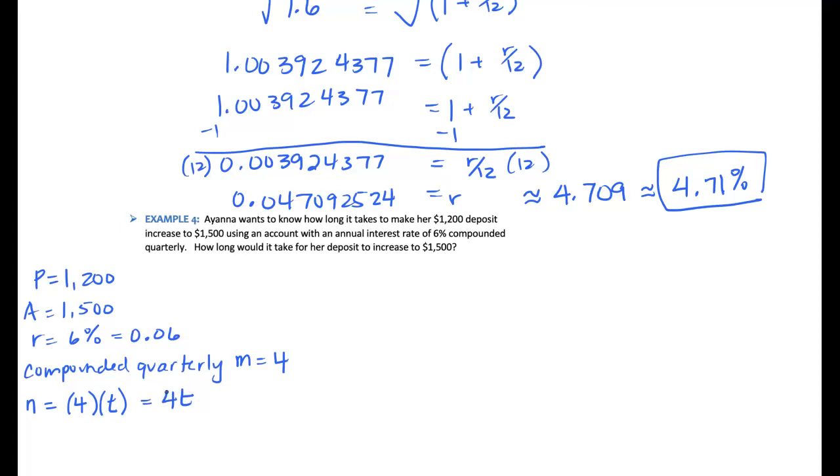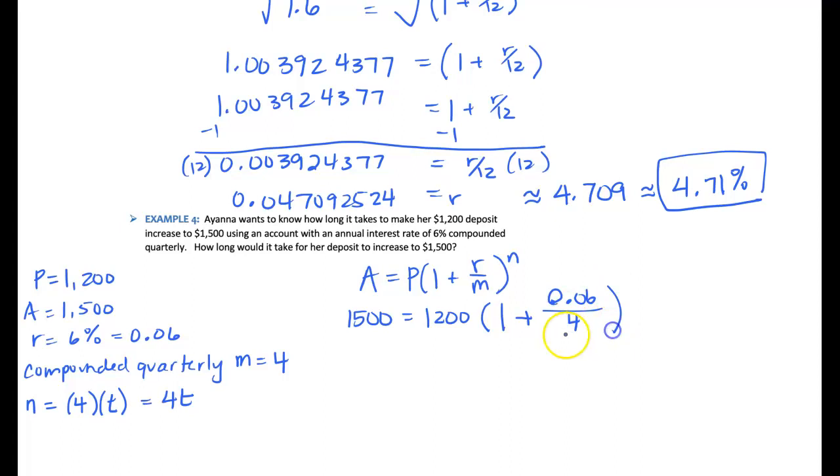Let's go ahead and put this information into our compound interest formula. So our amount is going to be $1,500, our principal $1,200, and we have 1 plus our rate 0.06 divided by 4 for compounded quarterly, and our exponent is 4t.